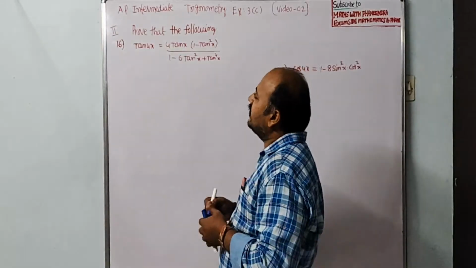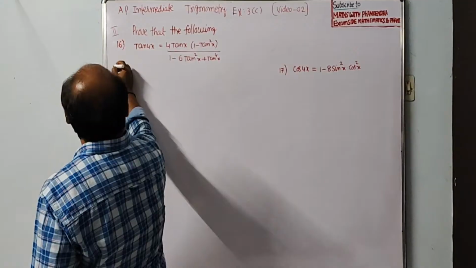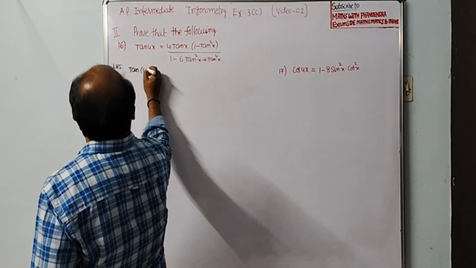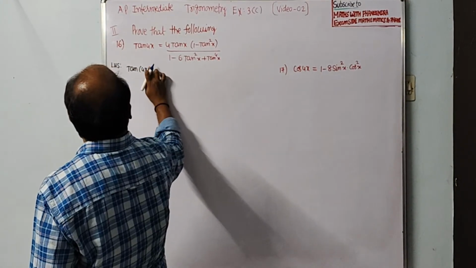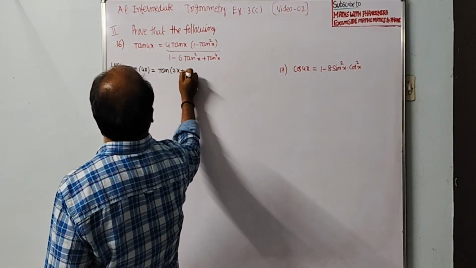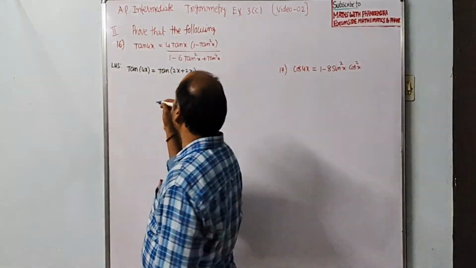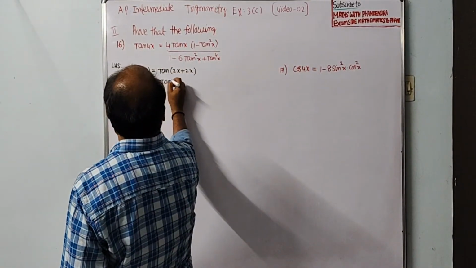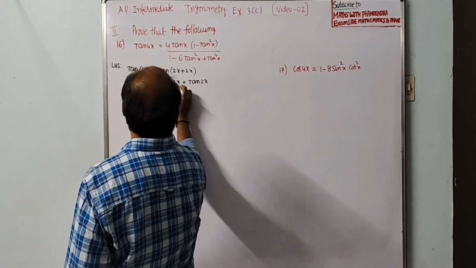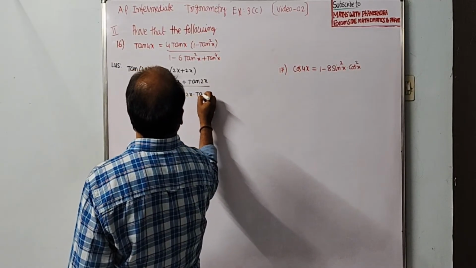So tan 4x, we can write it, here all in terms of x is there, no? Simply, tan 4x can be written as tan of 2x plus 2x. It is in the form of tan of a plus b, which is tan a plus tan b divided by 1 minus tan a tan b. So tan 2x plus tan 2x divided by 1 minus tan 2x into tan 2x.